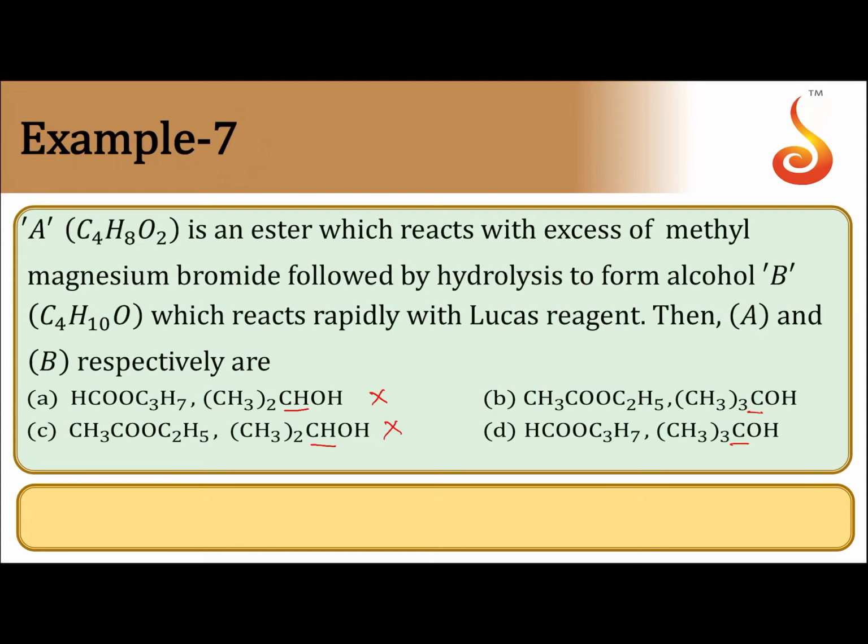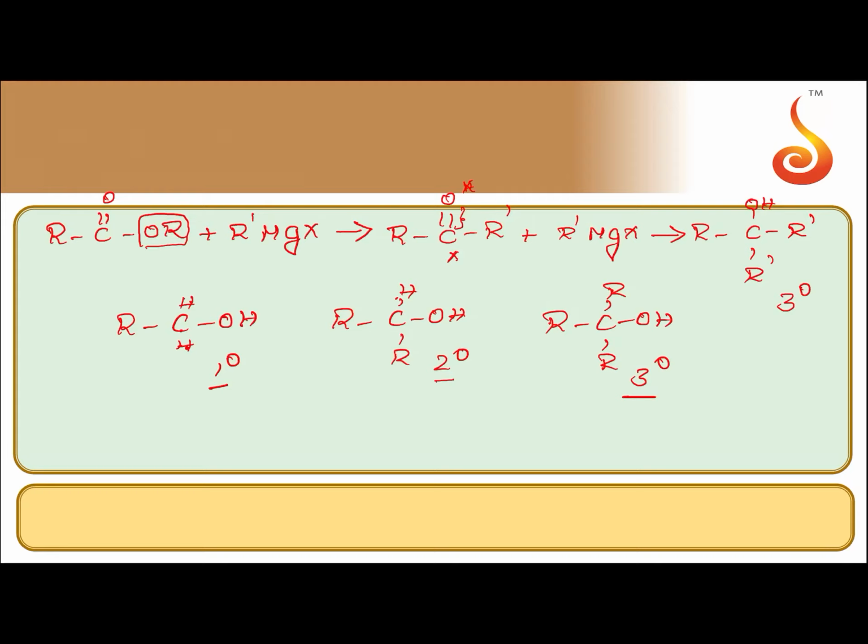Coming to option B and D. In option D, formaldehyde is reacting. The original compound A they are showing is formic ester, not formaldehyde. So formic ester when reacts with Grignard's reagent, what shortcut we learned?